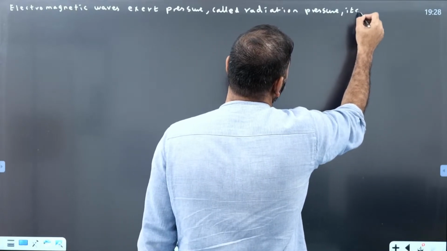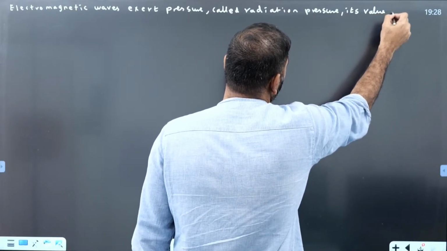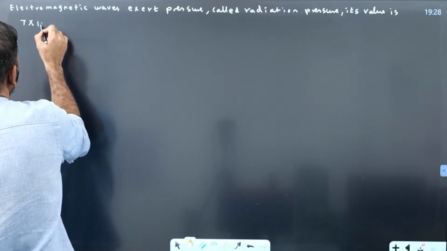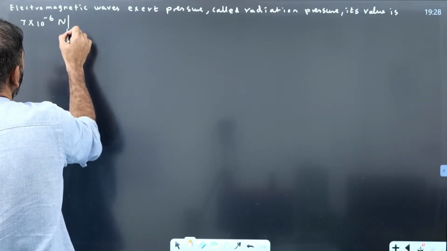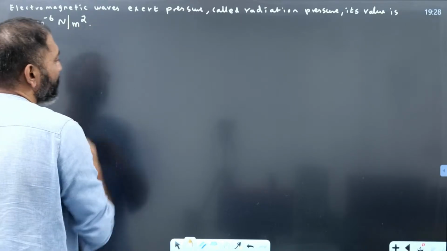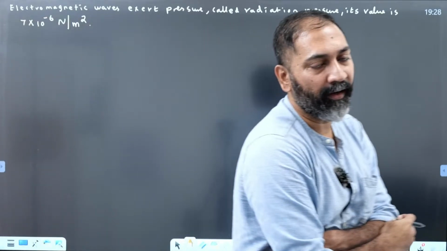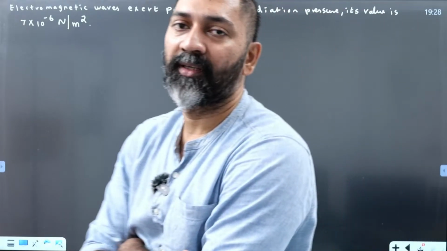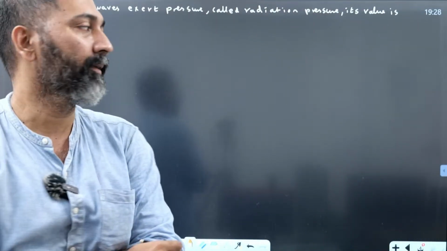Its value is 7 into 10 raised to minus 6 Newton per meter square. See, these values you have to learn by heart. How we are getting that value is not given in the textbook. Simply you have to learn it by heart.